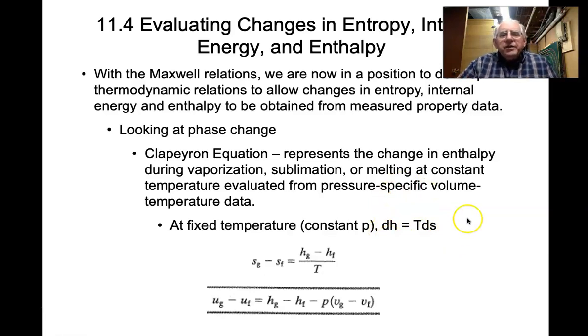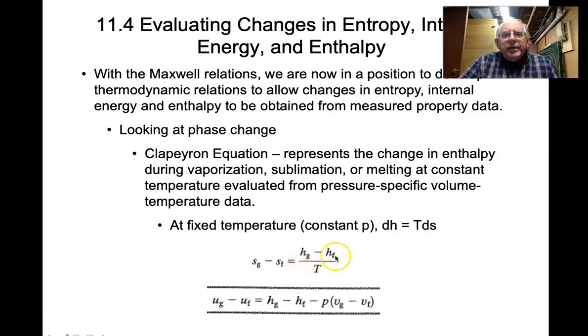And so with this in mind, as we go through the phase change, for instance, from liquid to vapor, we could integrate both sides of this equation. And since temperature is constant, it can come out of the integration, and we then can relate the delta H to equal the H at the saturated vapor condition minus H at the saturated liquid condition.